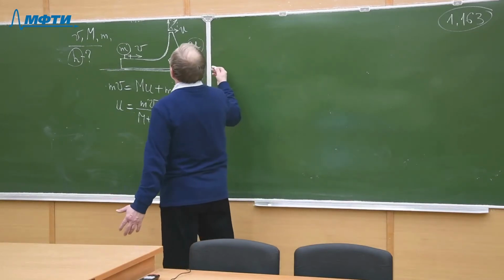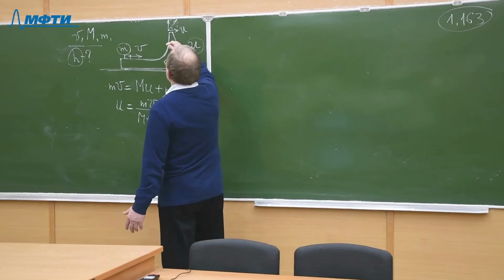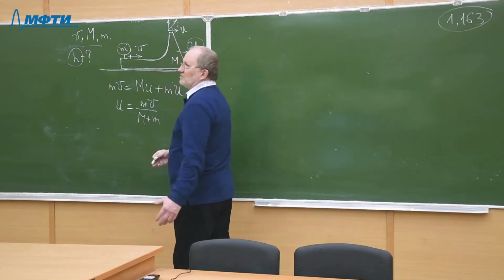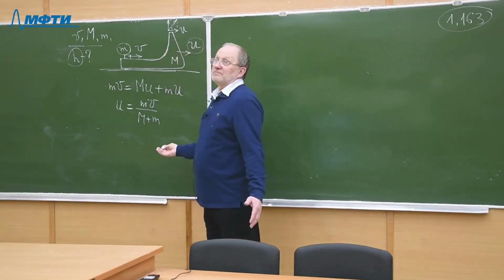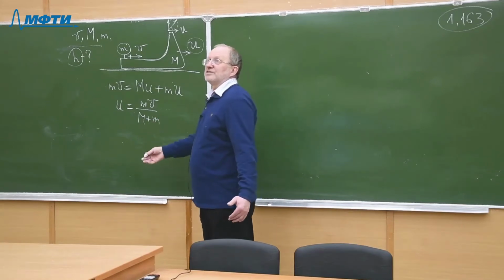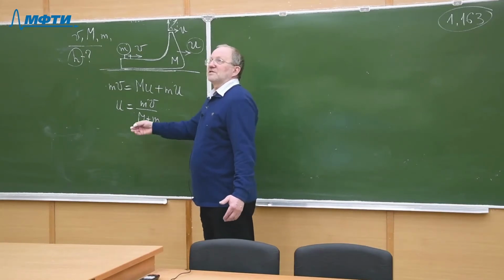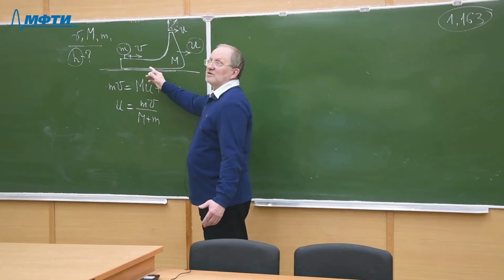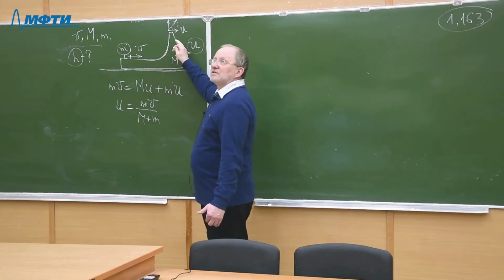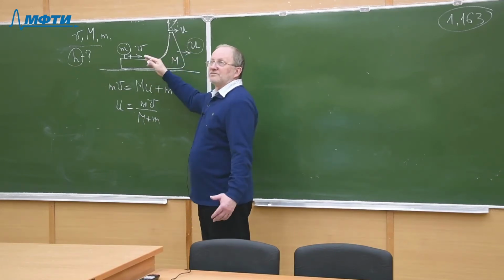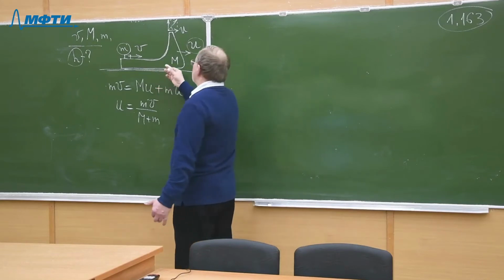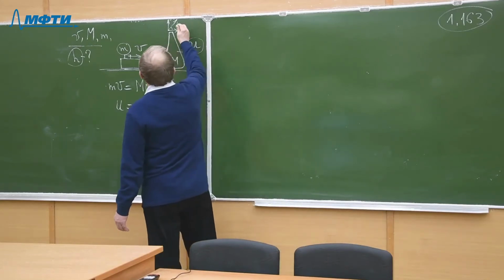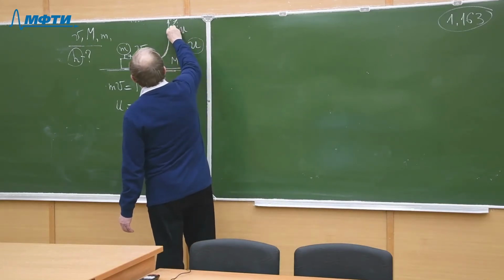What is final? Well, at any point, final point is arbitrary because the energy is conserved continuously all the time, and we may choose any moment in time as the final point. But we choose what is convenient for us.